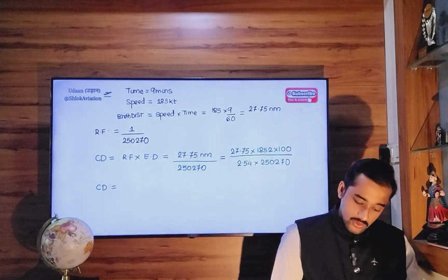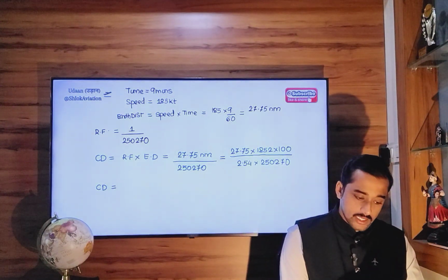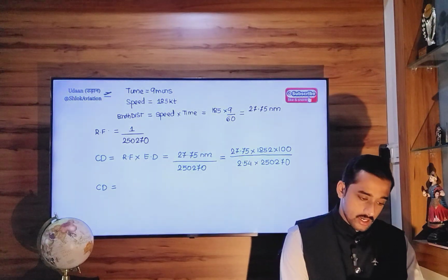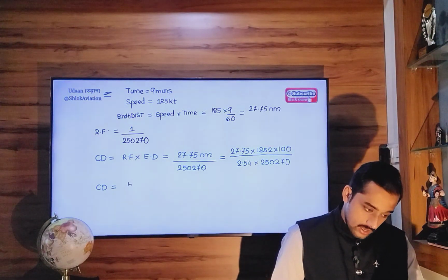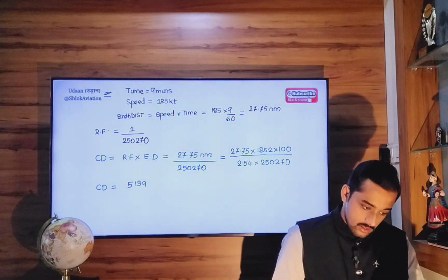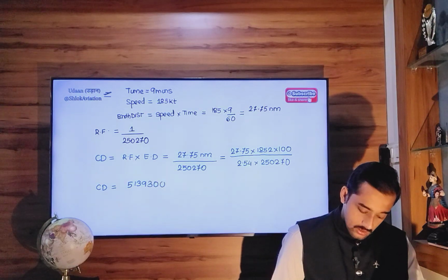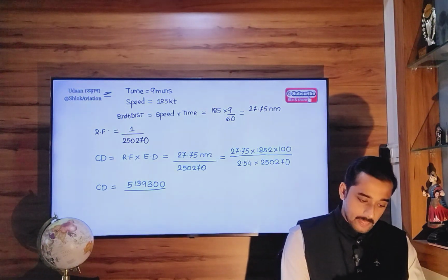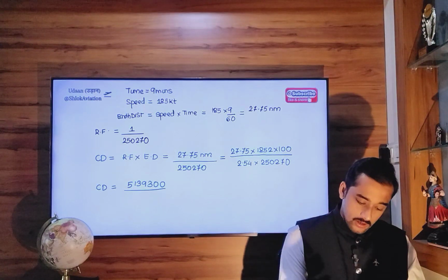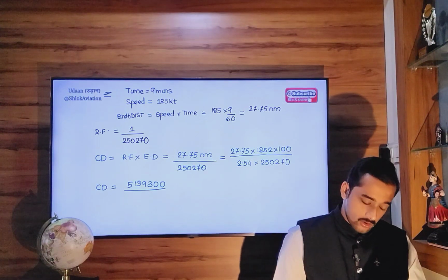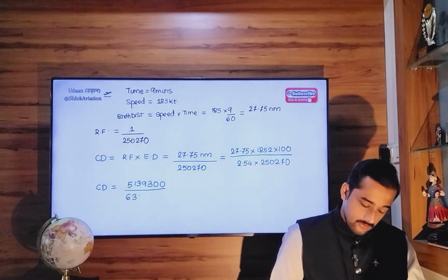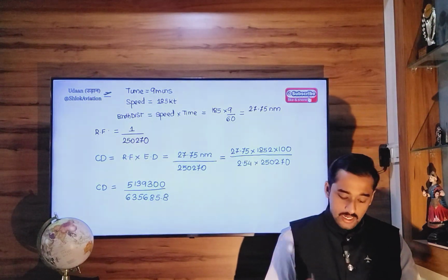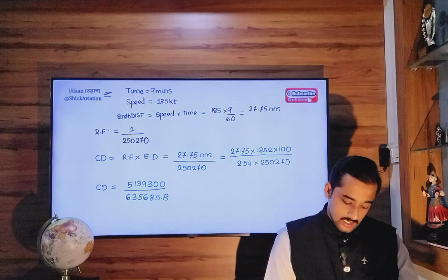So chart distance will be equal to 27.75 into 1852 into 100, which is 5,139,300, divided by 2.54 into 250,270, which is 635,685.8, so approximately 635,686.